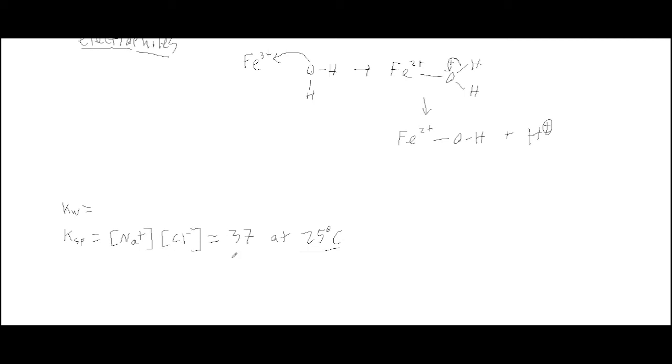So this means that you're going to end up with the square root of 37 as your concentration of sodium and chloride in moles per liter in your solution.